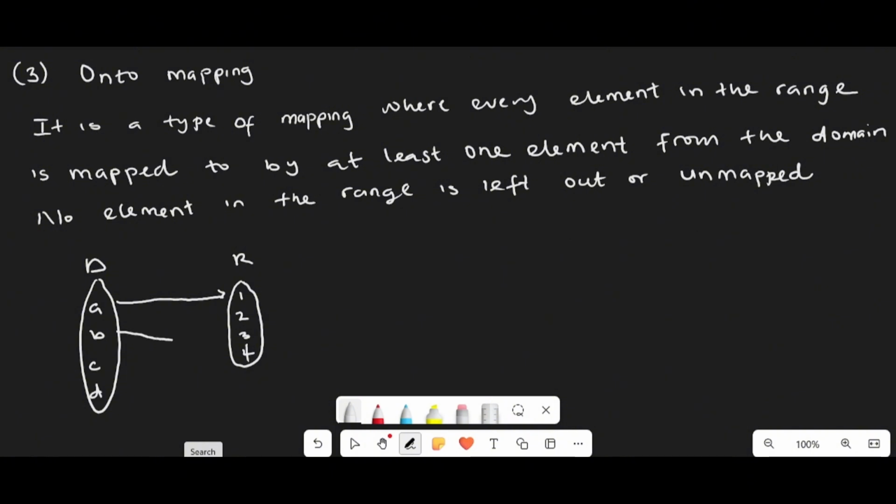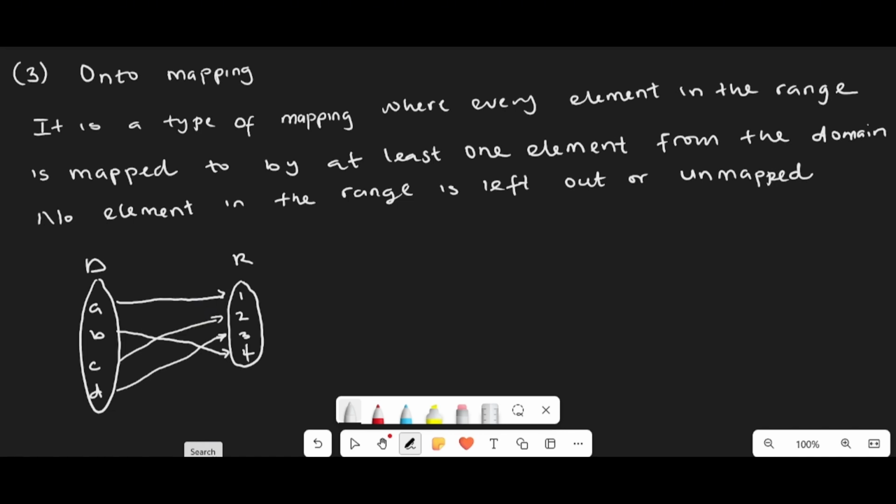B is mapped with 4. C is mapped with 2. And D is mapped with 3. And this is onto mapping because there's no element in our range that is not mapped with at least a single element in the domain. So this one is onto mapping.